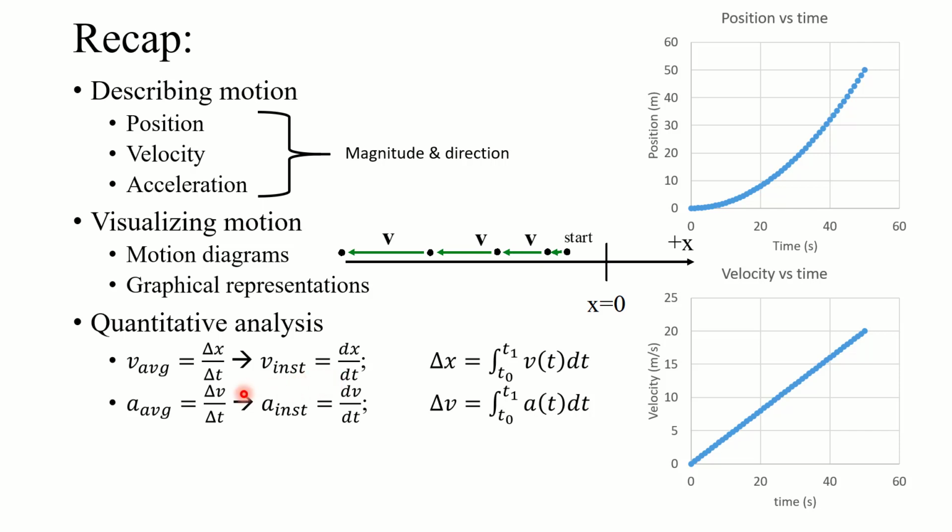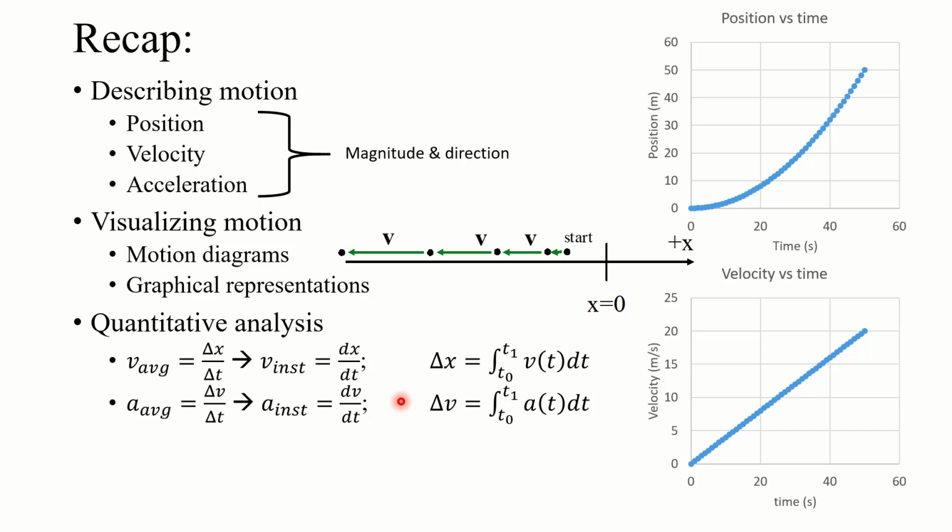Similarly, the acceleration was defined as the change in velocity over a given change in time, and that was the average acceleration over that time interval. Again, taking the limit of delta t going to zero, we get the derivative of velocity with respect to time, giving us the instantaneous acceleration.